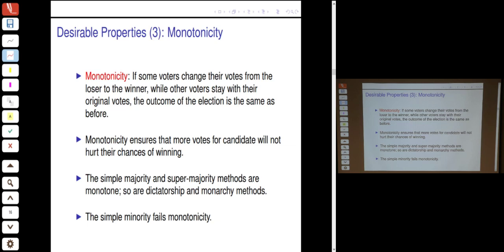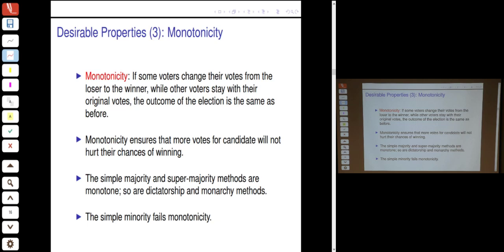If you look at that sort of scenario, then of course, if there is some voting profile, some sequence of votes cast by the voters, and you apply your social choice function to declare a winner, and then you take that voting profile and you switch some of the votes of the other candidates in favor of the winning candidate, of course, the winning candidate is getting more votes, so he should remain winner, right?